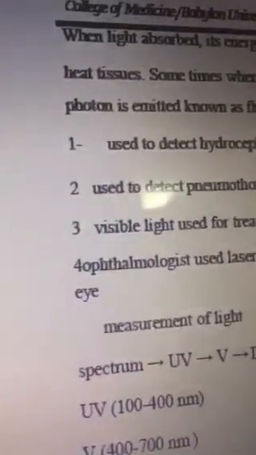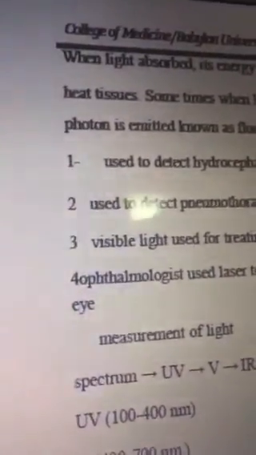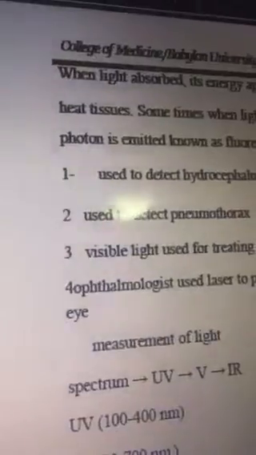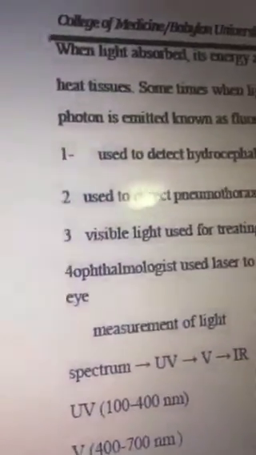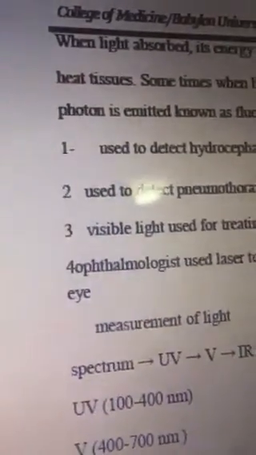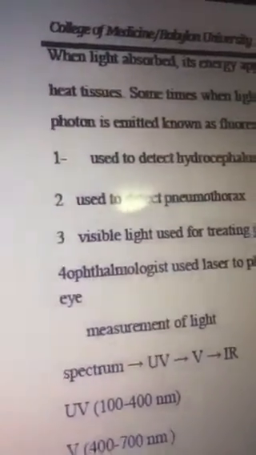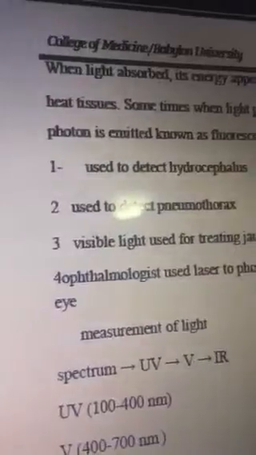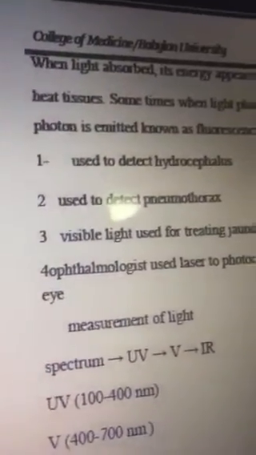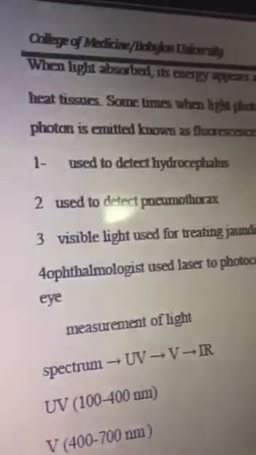Visible light has energy from 2 to 4 electron volts, whereas the kinetic energy is just about 0.025 electron volt. We discussed the X-ray energy used in medicine and the application of visible light in medicine.